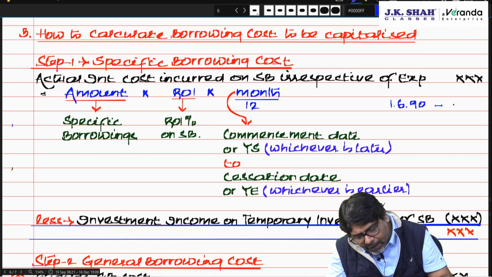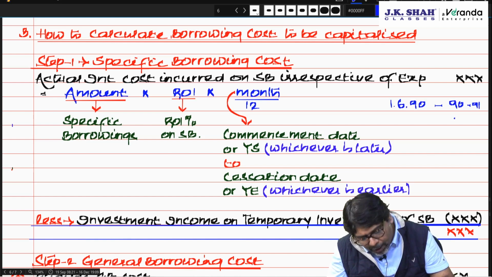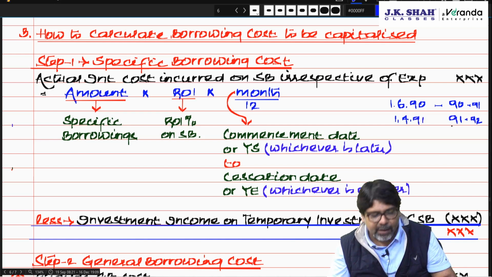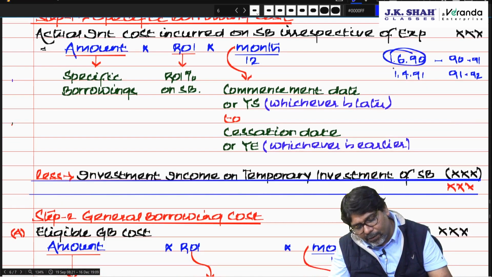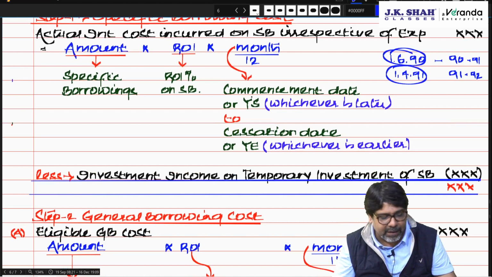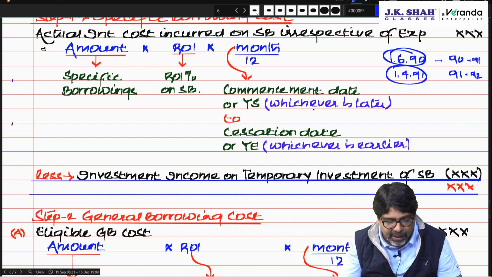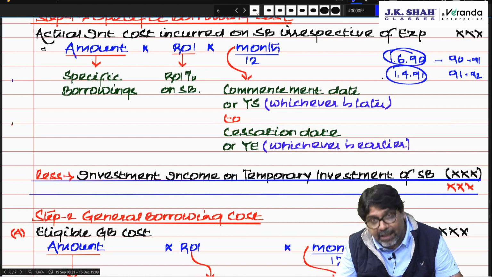That means this falls in the year 91. Correct, but you are calculating interest for 91-92. So 91-92 starts from 1/4/91. So for the current year's borrowing cost, you will calculate from 1st June or 1/4, whichever is later. That is why it is written commencement date or year starting, whichever is later.